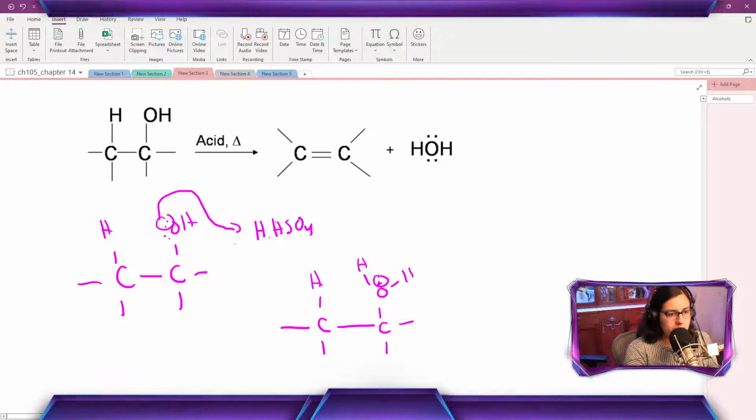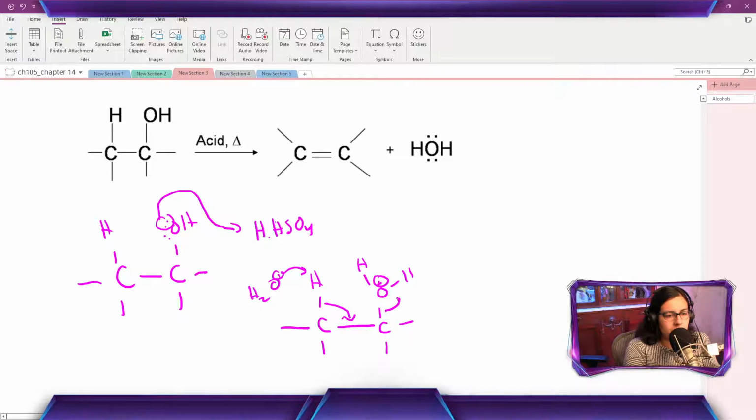Now what's going to happen is we can have another water come along and attack this hydrogen. If it's attacking this hydrogen, these electrons have to go somewhere. And so they can go and form a double bond here. Since now we're forming a double bond, this carbon would have one too many bonds.